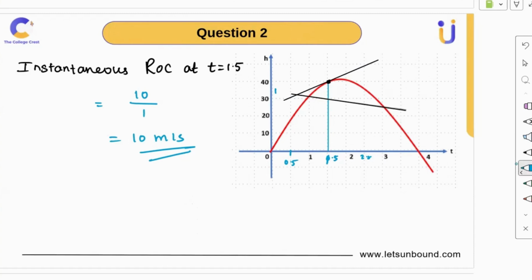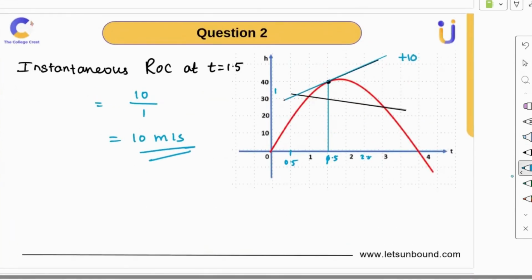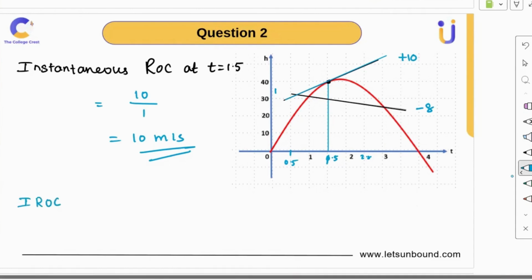So we have the instantaneous rate of change being steeper here, plus 10. This is something we got, minus 8. So which is steeper, and you can better say one is positive and one negative. So the instantaneous rate of change is steeper and it's positive.